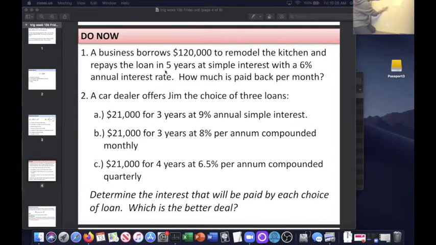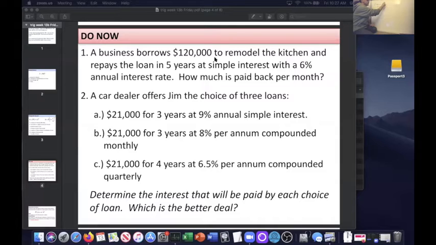All right. So for this first problem, you're borrowing $120,000 because you want to remodel the kitchen, right? And you're going to pay that off in 5 years, but you're going to be basing the loan on simple interest with a 6% annual interest rate. Okay, so the first thing we've got to do is get the interest. So we would take the 120,000.